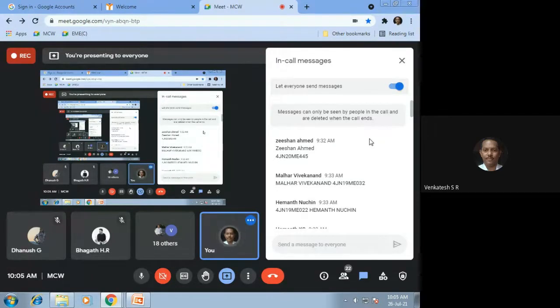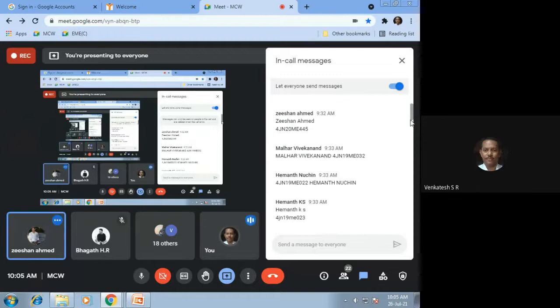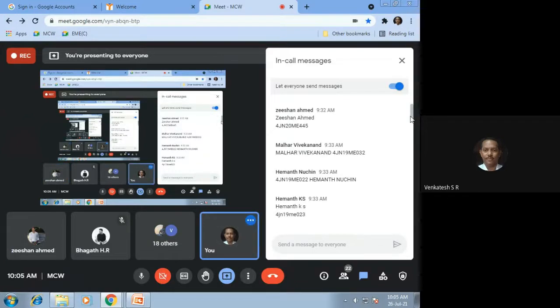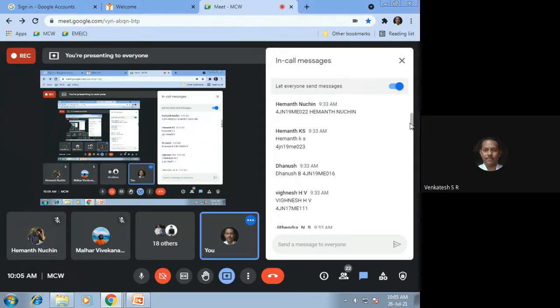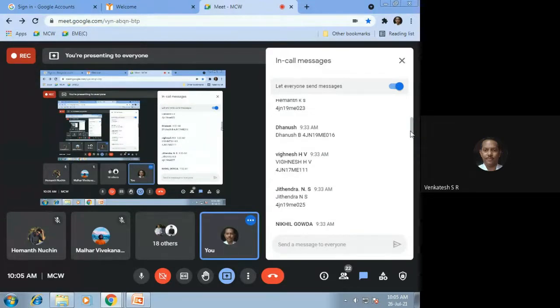Jishan Ahmad. Vivekanand. Present, sir. Hemant. Present, sir. Hemant KS. Dhanush. Vignesh, present, sir. Jitendra. Nikhil Gowda.